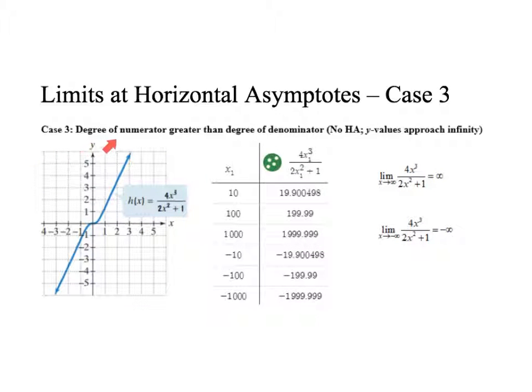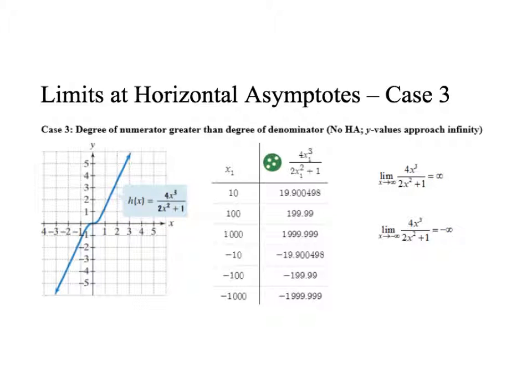Case 3 is when the degree of the numerator is greater than the degree of the denominator. The numerator dominates with a higher exponent, and in that case you do not have a horizontal asymptote. In other words, your y values do not approach a number, they approach infinity.